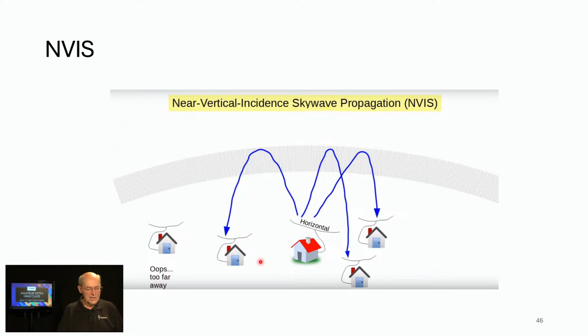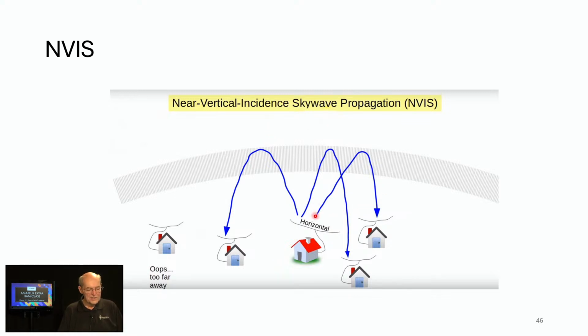If you can send a signal, from the red rooftop where you're transmitting, almost straight up, you can come down on the other side of that mountain that you couldn't communicate through. This is a strategy used by the military and by hams in Arizona to make contacts when they otherwise couldn't. That's called near vertical incidence skywave propagation.